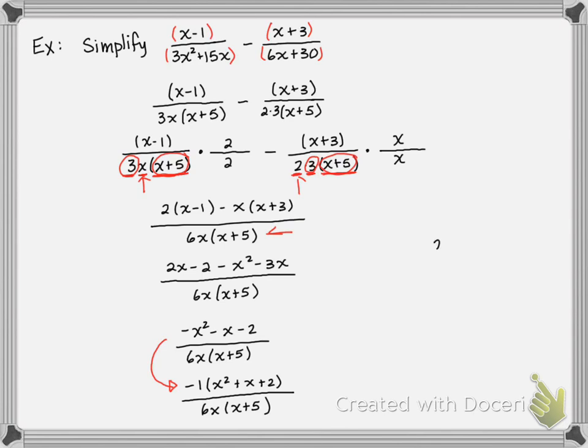Just like when you factored something like 90, you had 2 times 2 times 5, and then 3 times 3 times 2 times 5, and you canceled.